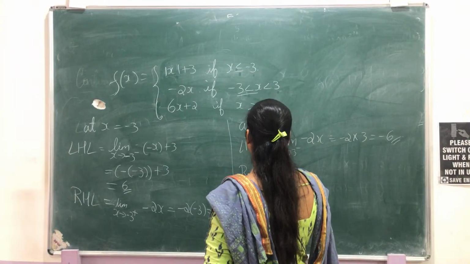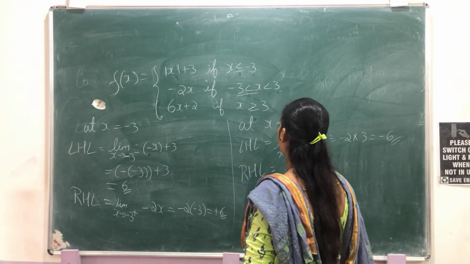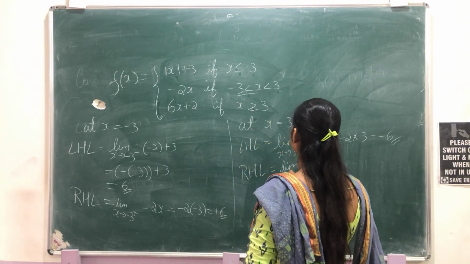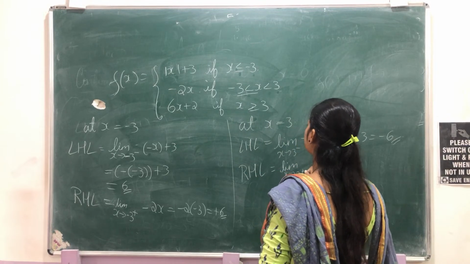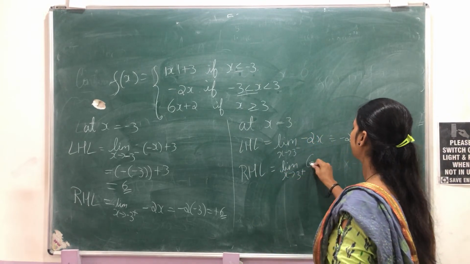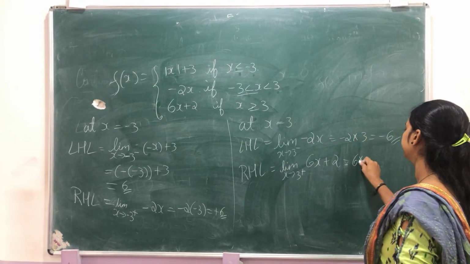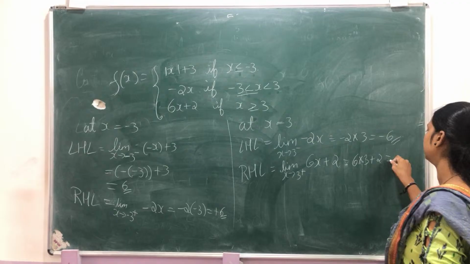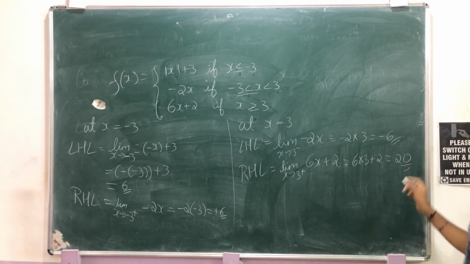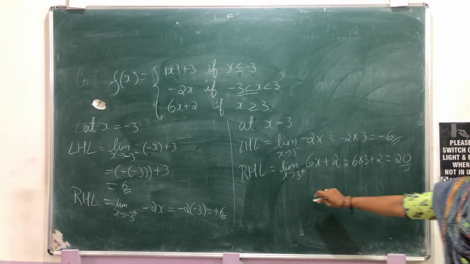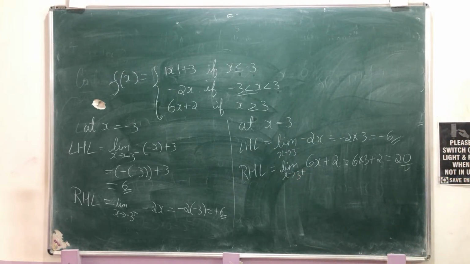What is right hand limit? 3 plus, for greater than 3, it is 6x plus 2. What is x? 3. Answer? Whether they are equal? No. Since left hand limit is not equal to right hand limit, the function is not continuous at x equal to 3.